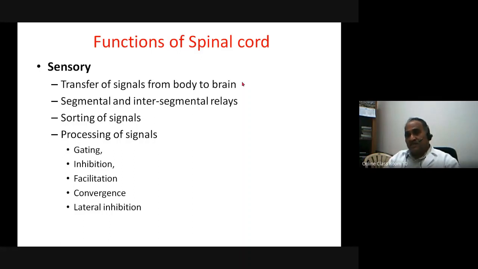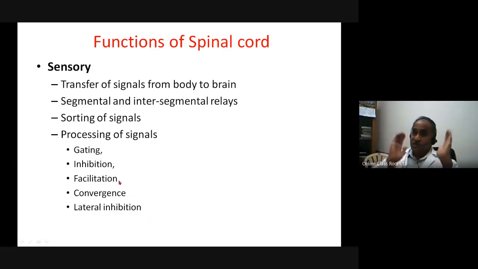Then there is some percentage of sensory processing occurring in the spinal cord. That means processing such as inhibition of the impulses going upwards to the brain, or facilitation of the impulses.